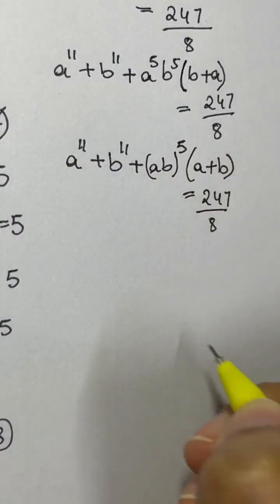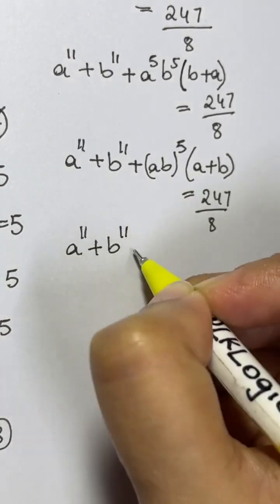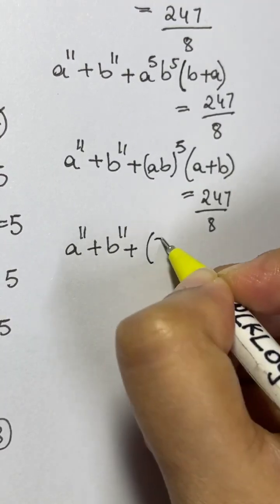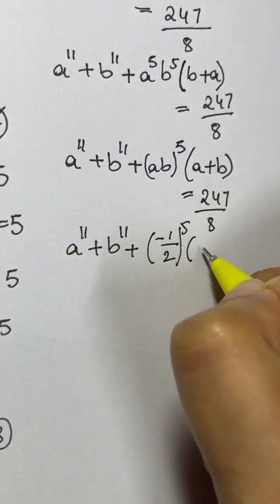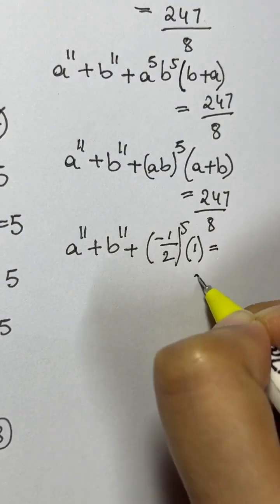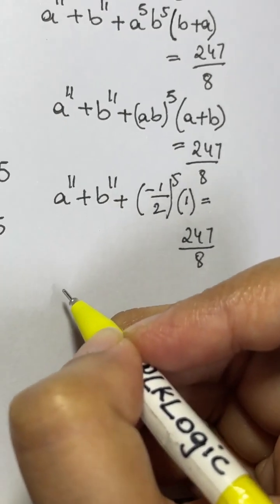Now ab, as you know, it's negative half. Let's put it back. A to the power of 11 plus b to the power of 11 plus negative half whole to the power of 5, and a plus b is 1, is equal to 247 over 8. Now let's see.